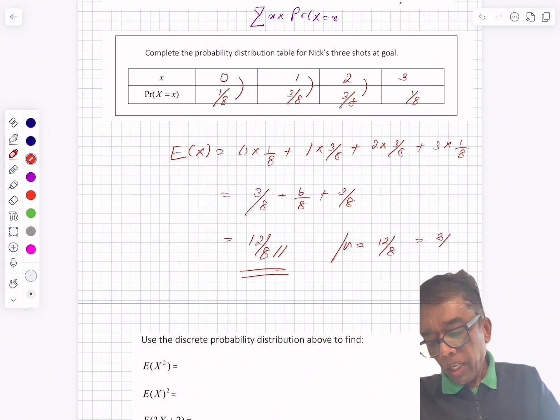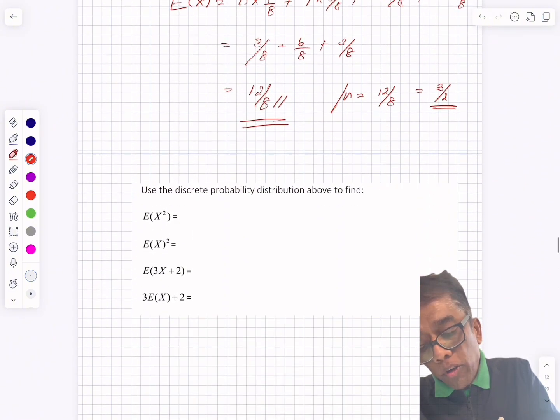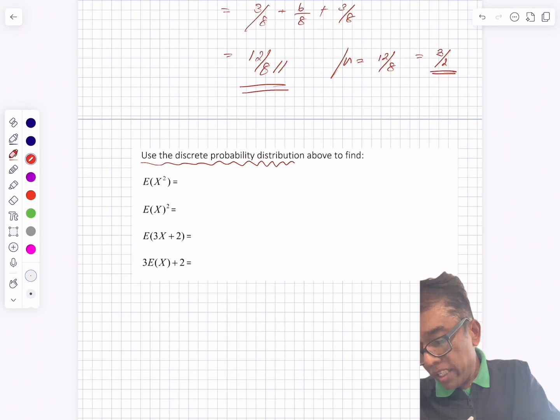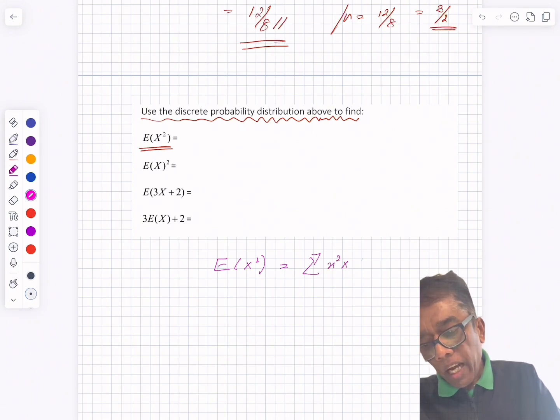Now, use the discrete probability distribution above to find E(X squared). E(X squared) is the sum of x squared times P(X = x).